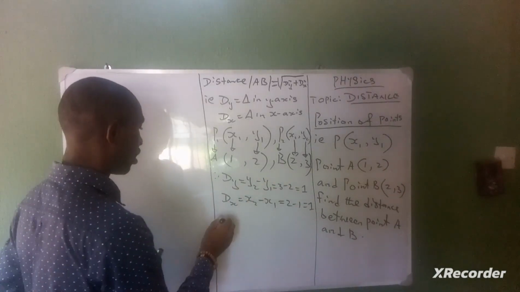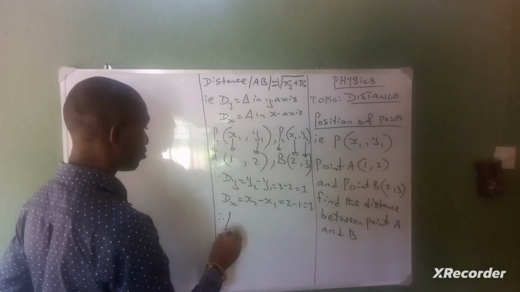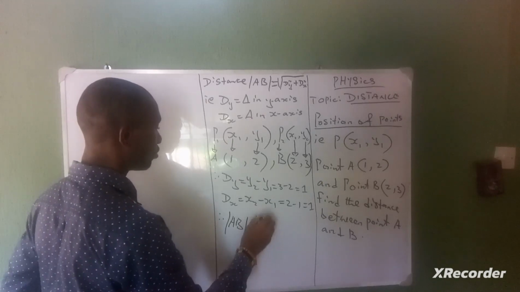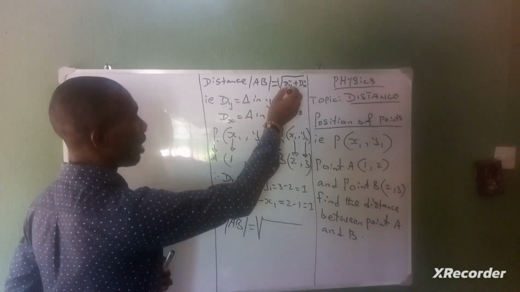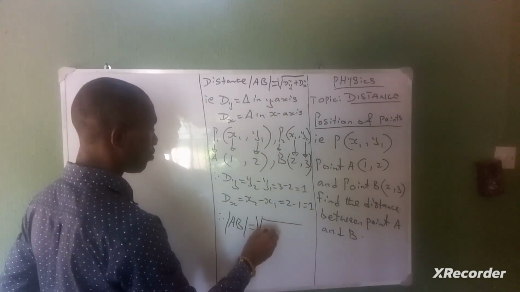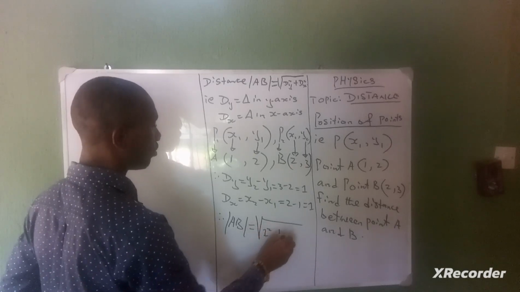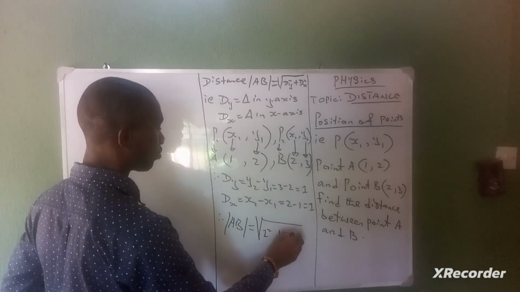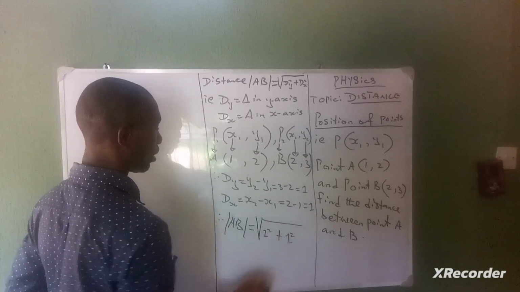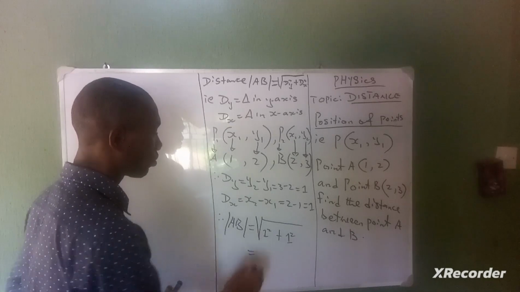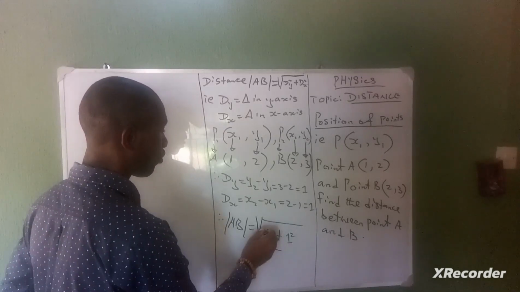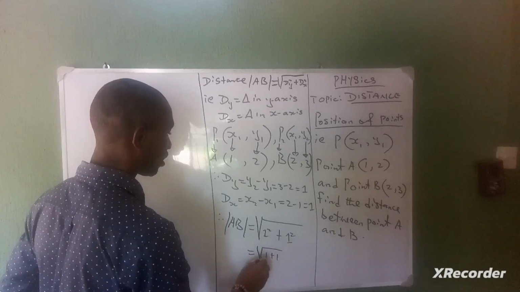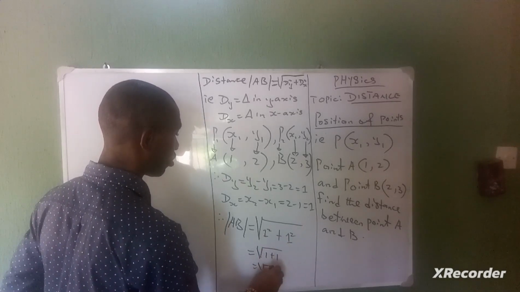So we'll say therefore the distance between line A and B is now equal to the square root of our dy, 1 square, plus our dx, also 1 square, which is now equal to the square root of 1 plus 1, which is the square root of 2.